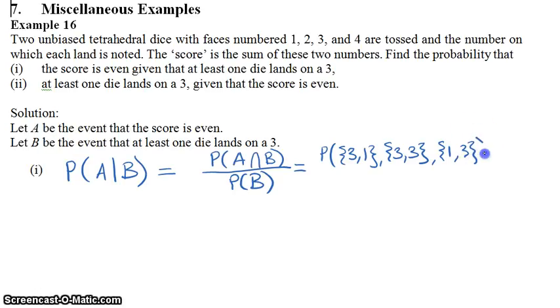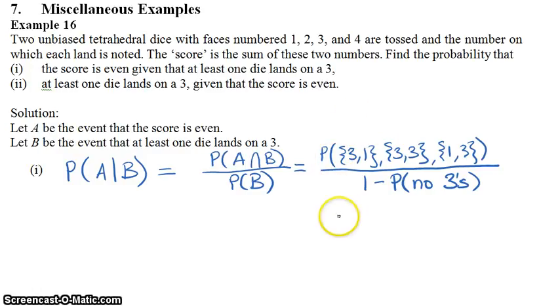There are no other ways that two four-sided dice can be thrown to give us an even sum with at least one 3. So this is the probability that the sum is even and there is at least one 3. To work out the bottom line, I could work out the probability that there is a 3, but in this case it's actually slightly easier to do 1 minus the probability that there are no 3s.